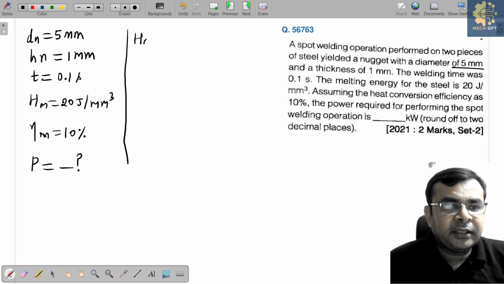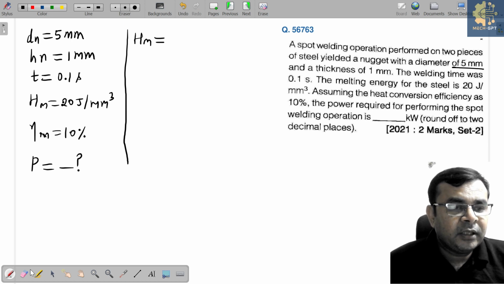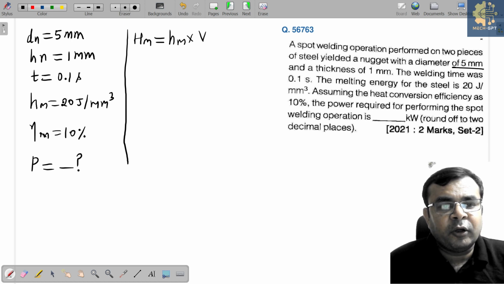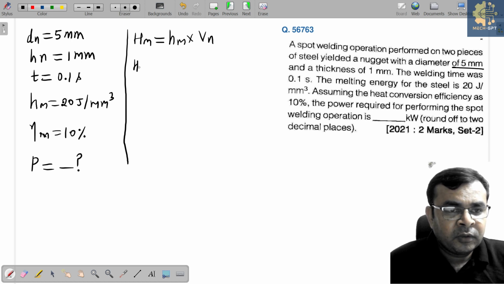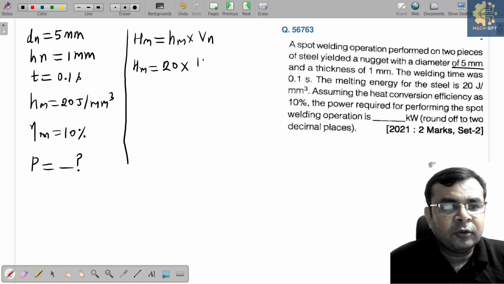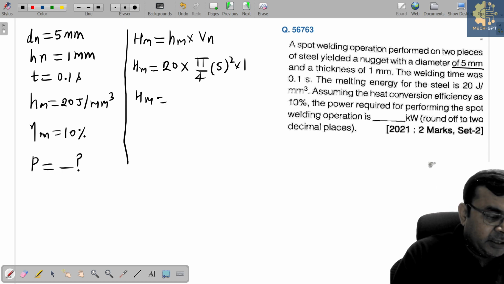So the actual heat supplied is equal to, let's say if I represent this by small hm, specific heat. So hm is nothing but small hm into volume of the nugget. So simply it can be written as 20 joule into pi by 4 into diameter 5 square into thickness 1.